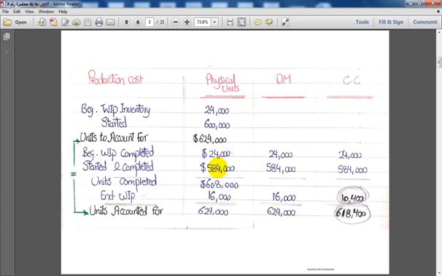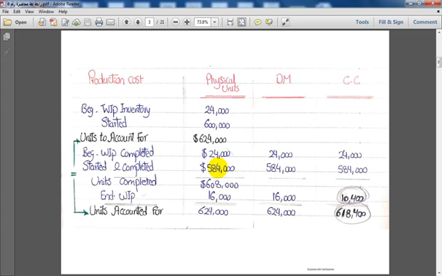Exercise number 2. Spamberg Products manufactures computer cases. All material is added at the start of production, and overhead is assumed to be incurred at the same rate as labor.